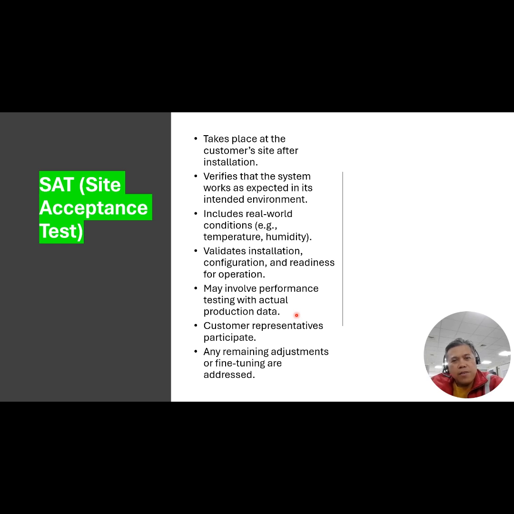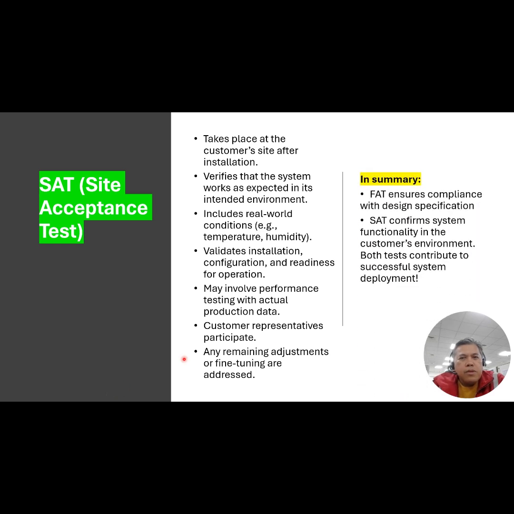Punch list items can also be repaired during the SAT, and you can see whether each is already closed or not and what the issue is. So in summary, FAT ensures compliance with design specification, and SAT confirms system functionality in the customer environment. Both tests contribute to successful system deployment.